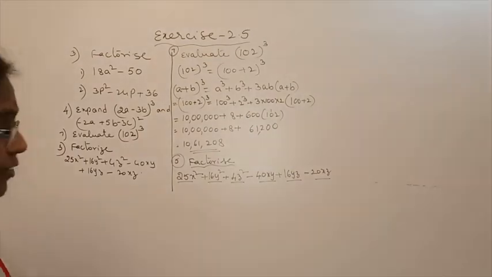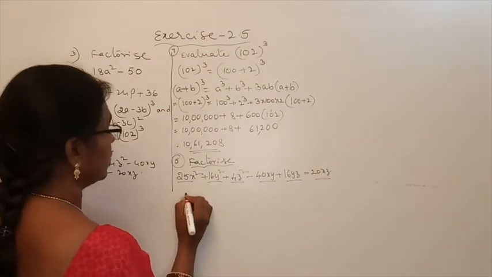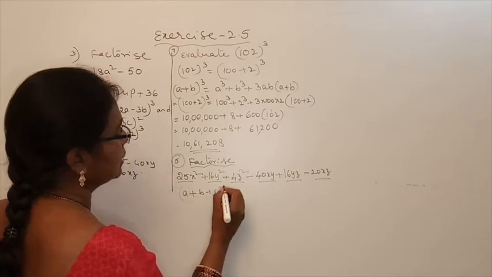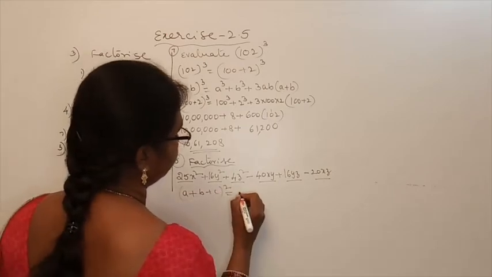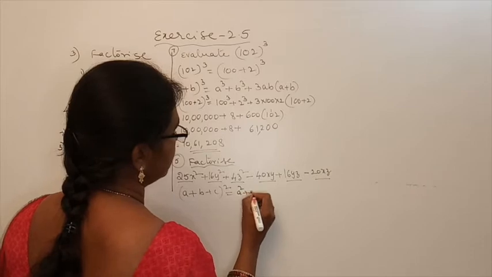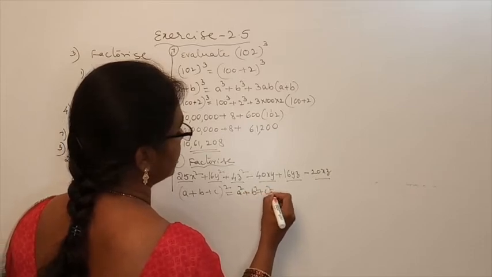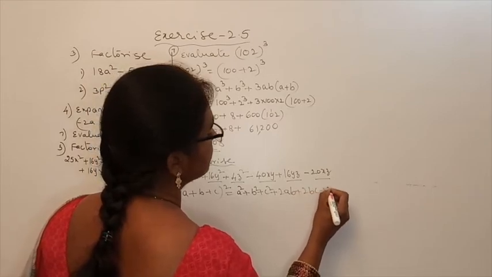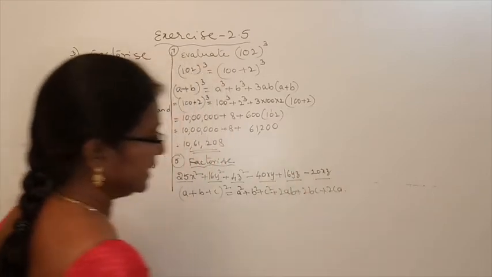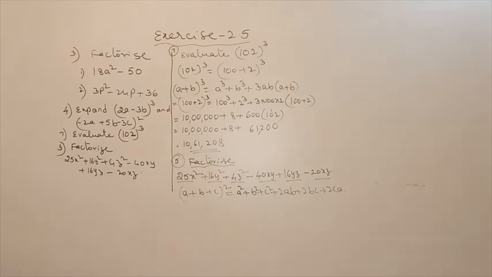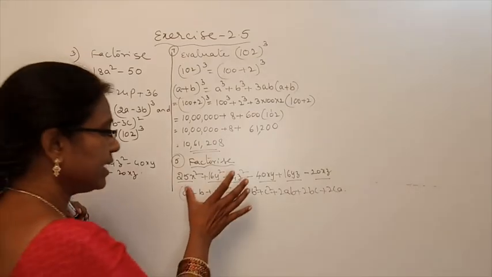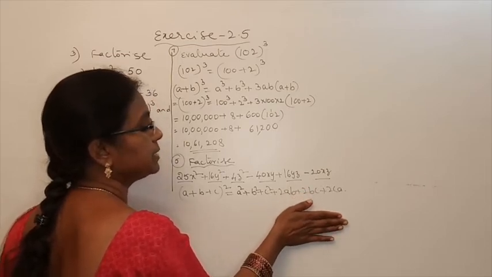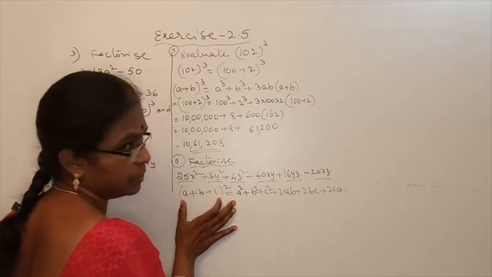Now what is the form of the identity? (a plus b plus c) whole square is equal to a square plus b square plus c square plus 2ab plus 2bc plus 2ca. This is the identity we have to use. Here he has given a square plus b square plus c square plus 2ab plus 2bc plus 2ca. We have to write it in (a plus b plus c) whole square form.